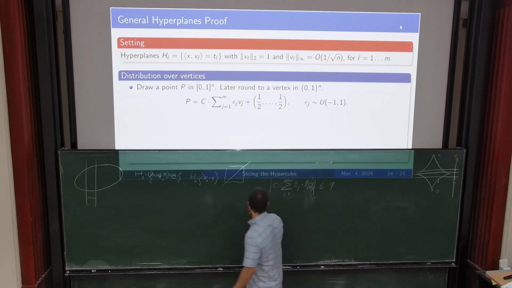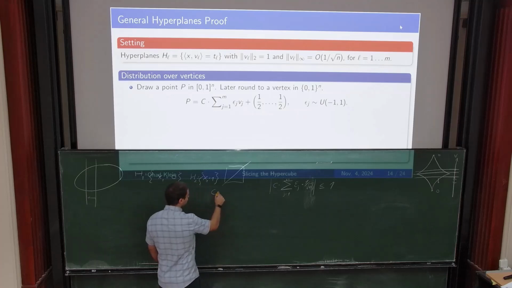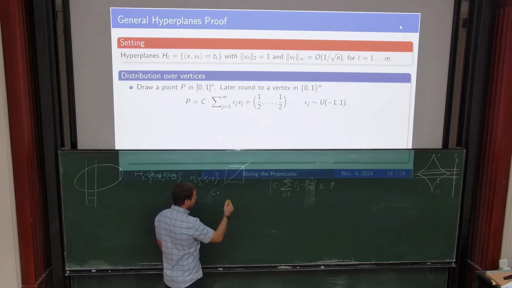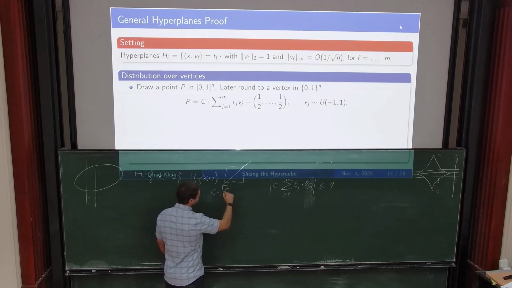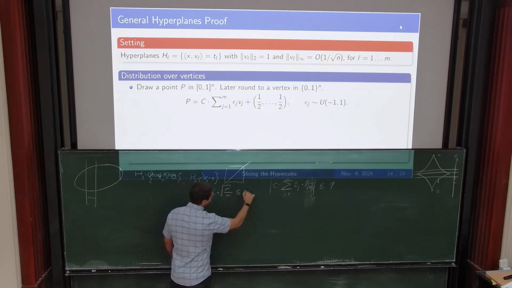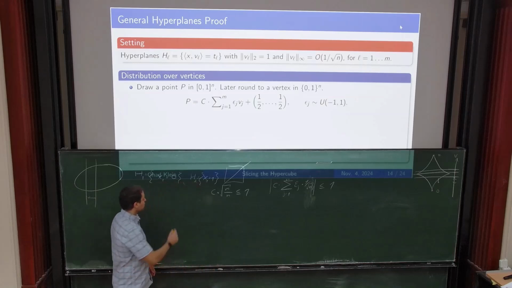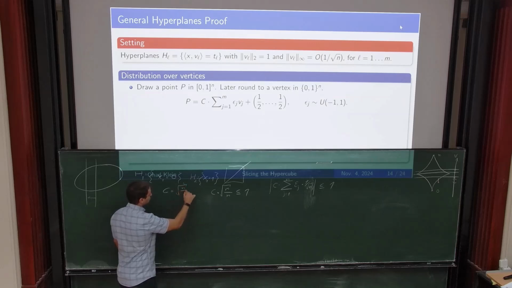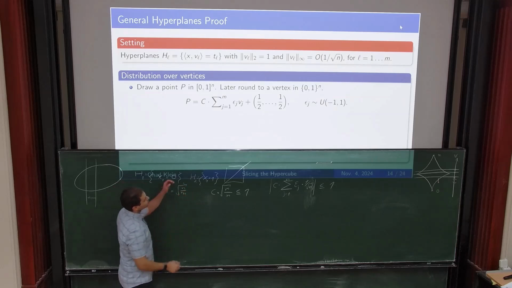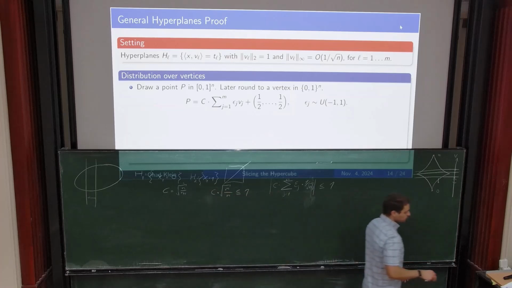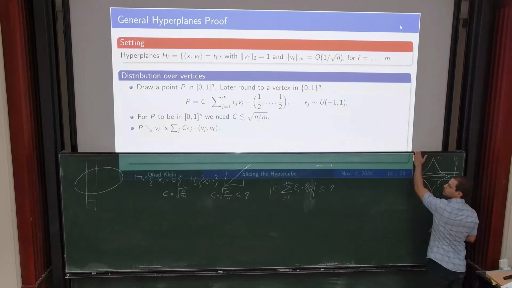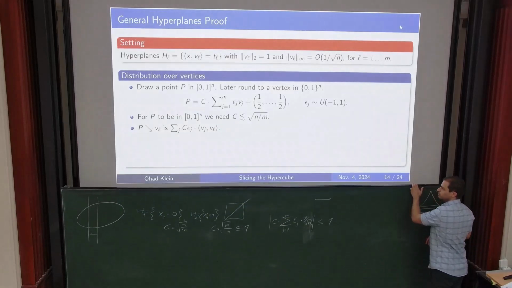And so using variance, any Chernoff bound or something like that, you can see that we only need C times square root of m over n to be smaller than 1. So this means that C may be square root of n over n. Okay, so this is an upper bound for C.